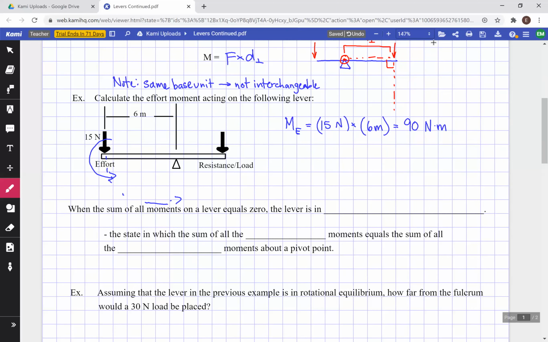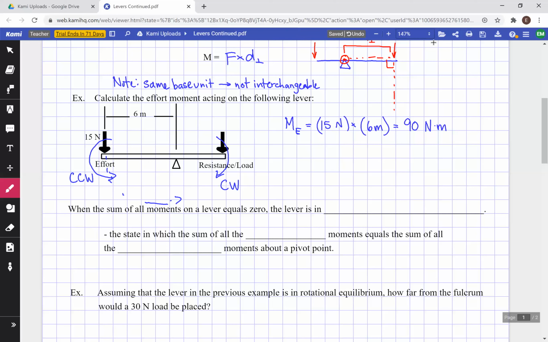So we call this a counterclockwise moment, and we'll abbreviate that as CCW. Now, the resistance or the load, if we were interested in that, would cause the lever to spin clockwise about the fulcrum. So that's a clockwise moment.